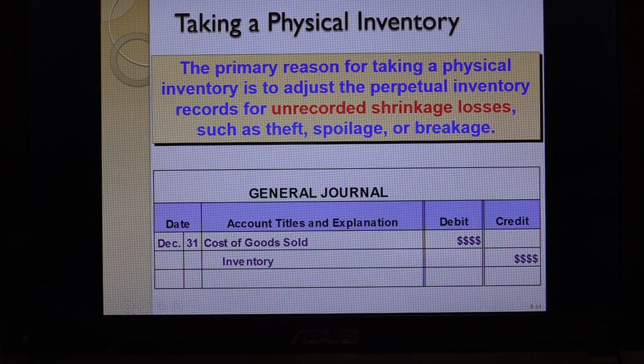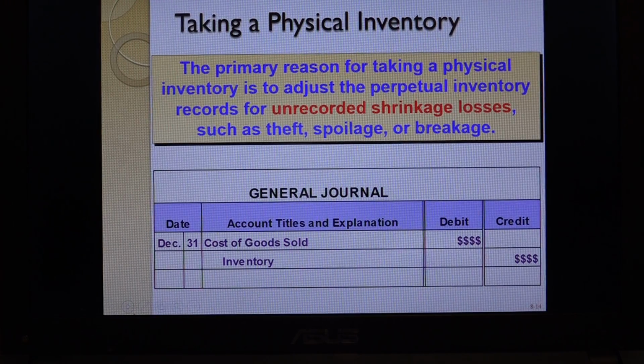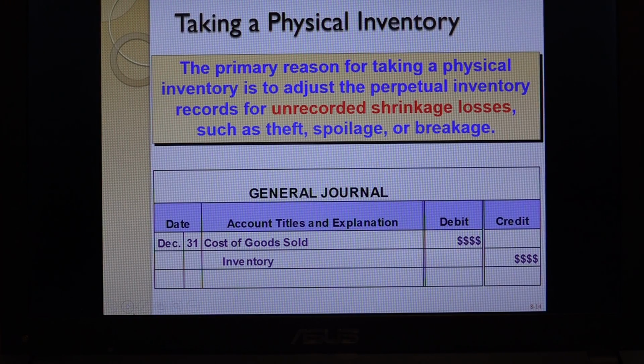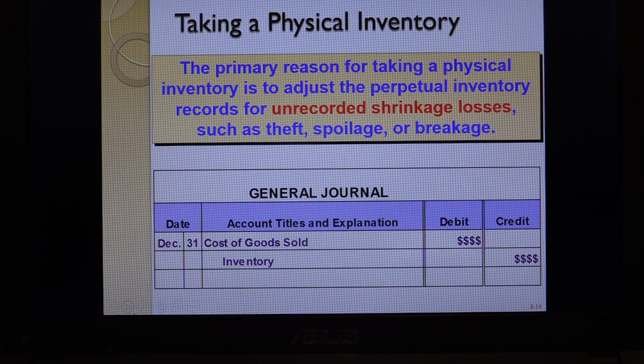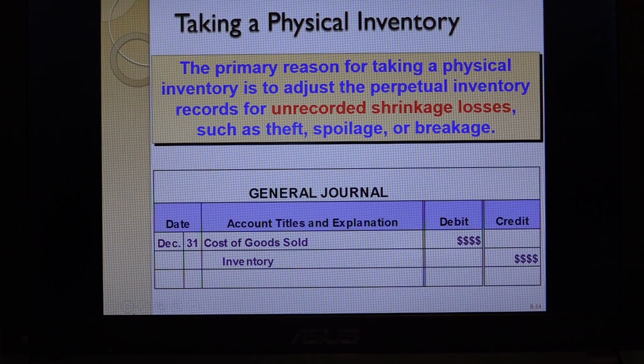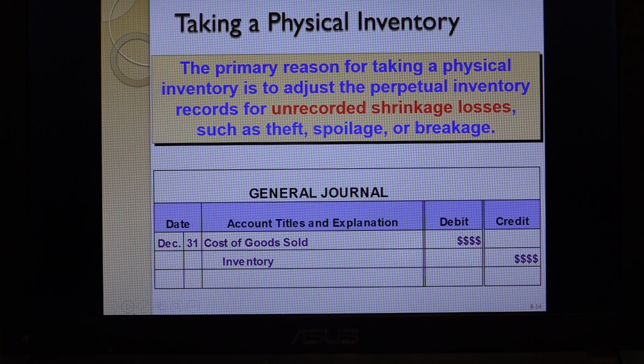Now, we talked about the fact that with the perpetual inventory system, we're constantly doing ins and outs with our inventory. We buy inventory, we account for it as inventory. As we sell inventory, we account for it as cost of goods sold. And so your records are fairly accurate. Okay.